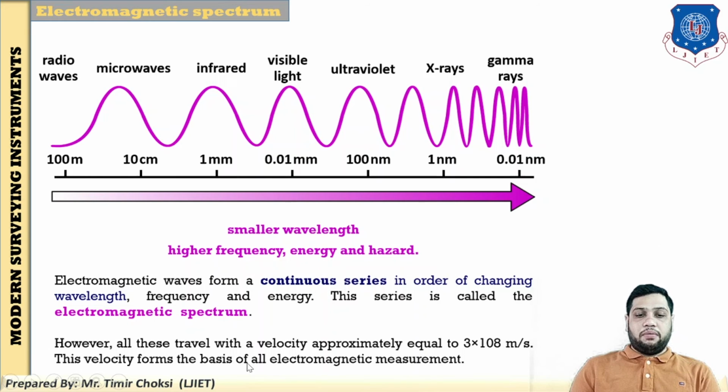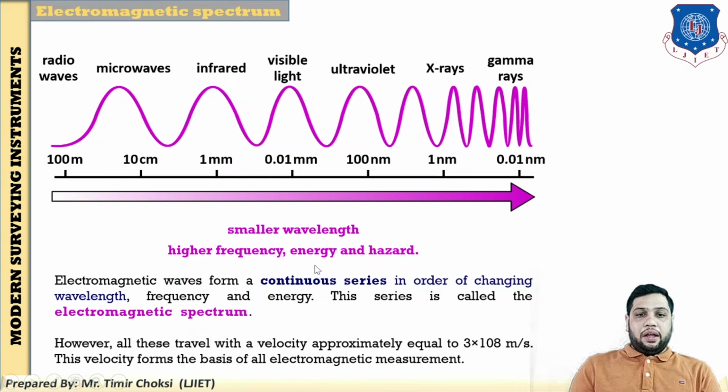The velocity forms the basis of all electromagnetic measurement. In an electromagnetic distance measurement instrument, meaning EDM or total station, you consider the velocity of this wave, 3 × 10^8 meters per second.